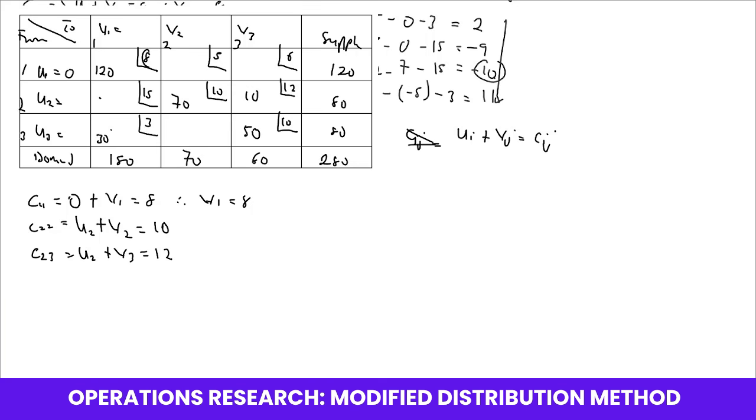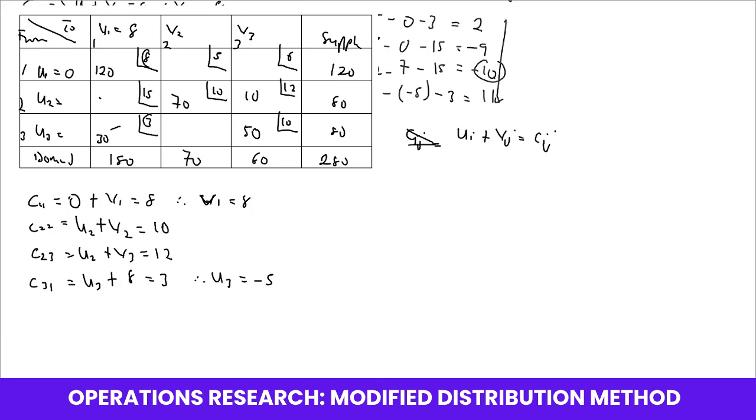Then we move to the next allocated cell. That's this cell, C31. For C31, we already know the value for V1, that's 8. So U3 plus V1, so V1 is 8, is equal to this value, 3. So therefore, U3 is equal to 3 minus 8, that's going to give us minus 5.